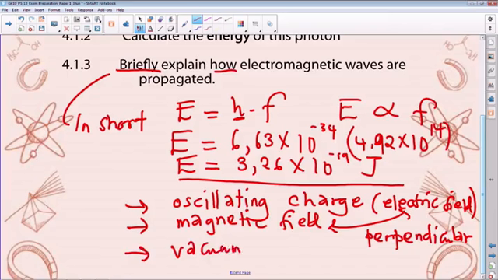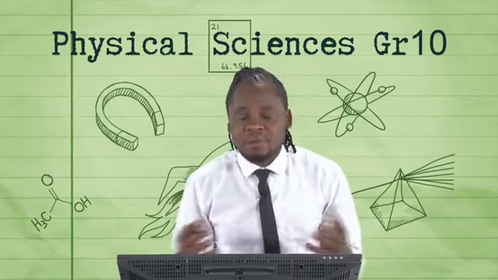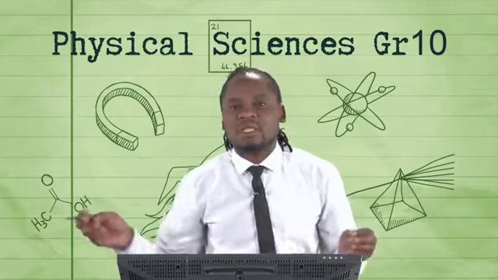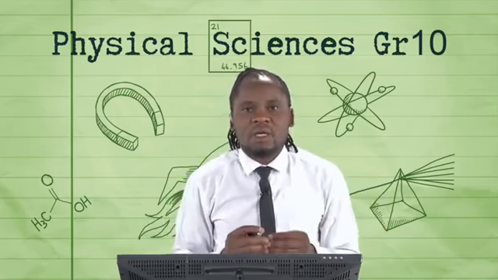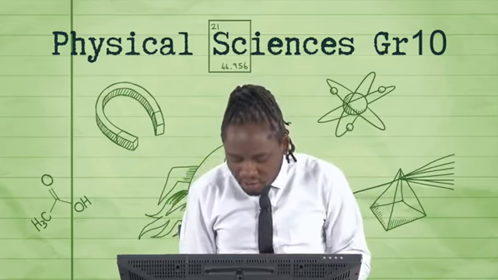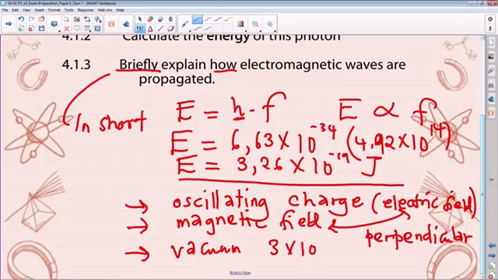Any form of electromagnetic radiation, which is self-propagating, can be transmitted in empty space at a constant speed of 3 times 10 exponent 8 meters per second. This is a very special property of electromagnetic waves, because this is the C, which is also a constant, 3 times 10 exponent 8.